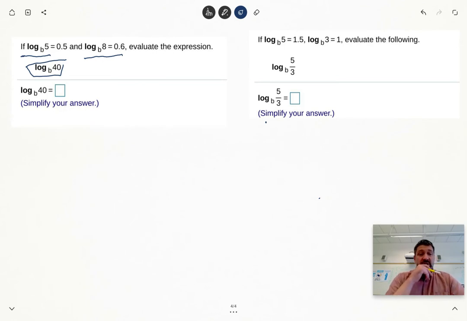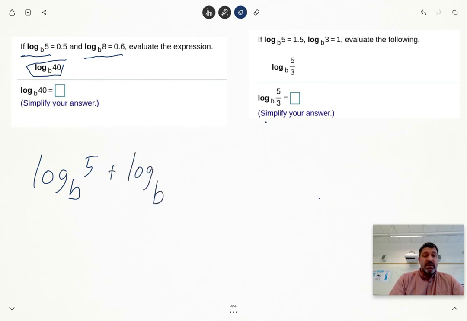And we know that log base b of 40 would be the same as log base b of 5 plus log base b of 8.